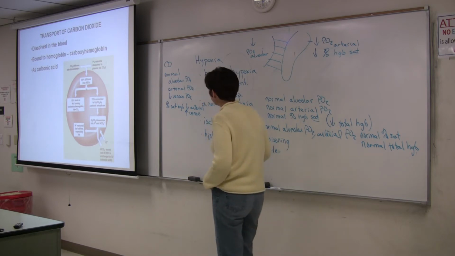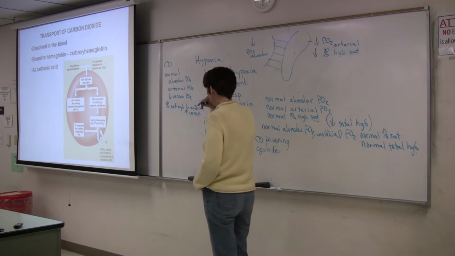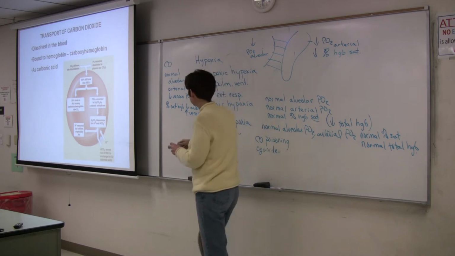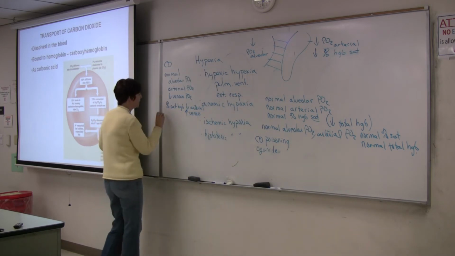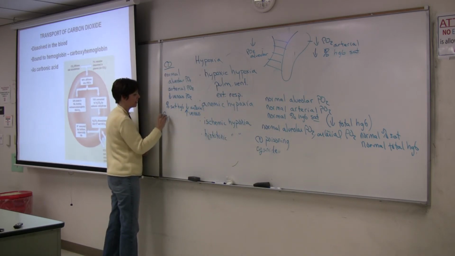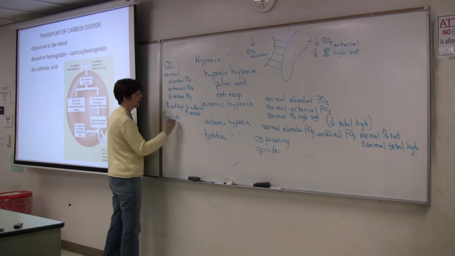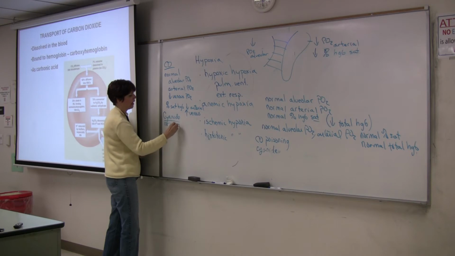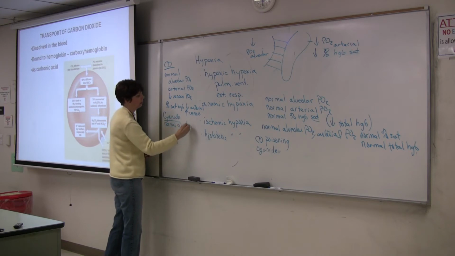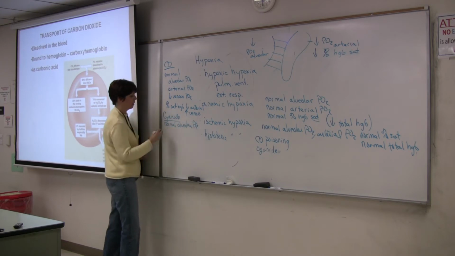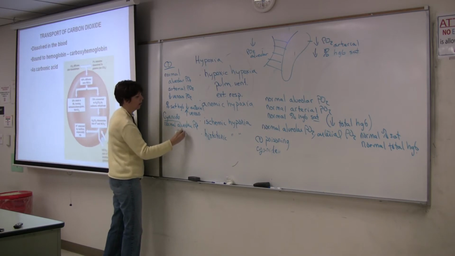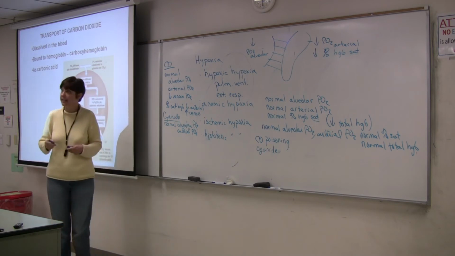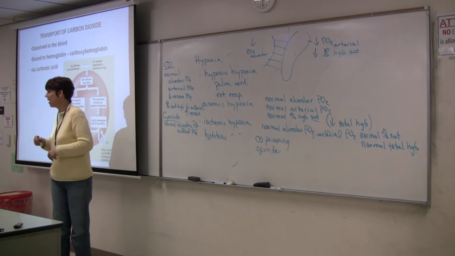So when we look at cyanide poisoning, it's similar to carbon monoxide poisoning with some key differences. Cyanide poisoning, or cyanide hypoxia, is going to have normal alveolar PO2, normal arterial PO2, but elevated venous PO2, because the cells weren't able to take up the oxygen.